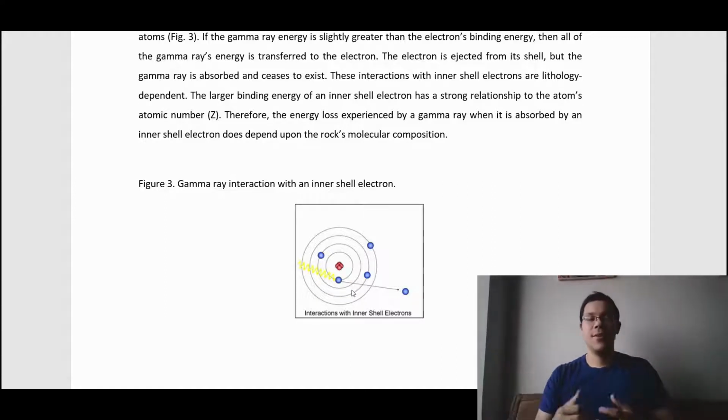The magic occurs because the density tool is able to read gamma rays from these two types of interaction. The detectors will read the energy levels of those gamma rays, and will be able to differentiate which is coming from which type of interaction based on the energy levels.